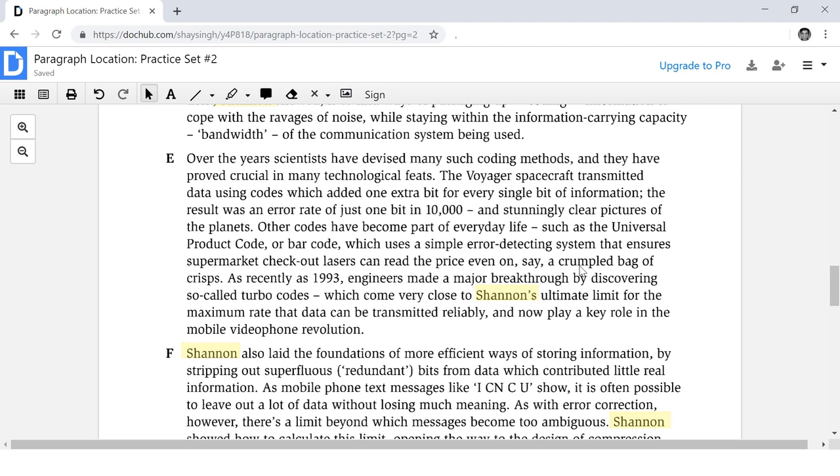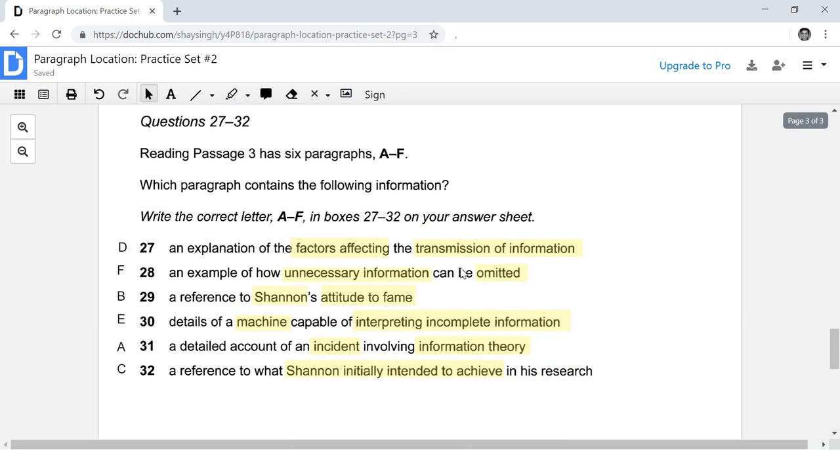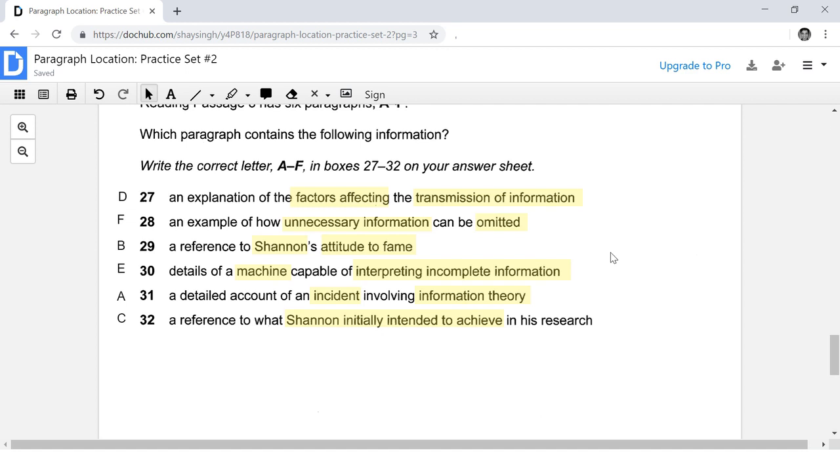If a bag of crisps is crumpled up, that means that the barcode is not entirely visible because the barcode will also be kind of crumpled up. So the information will be incomplete, right? But regardless of that incomplete information, the lasers can still read it, which in this case is the price. So that was tricky. Used very high level synonym language there, but that is the correct answer for question number 30.